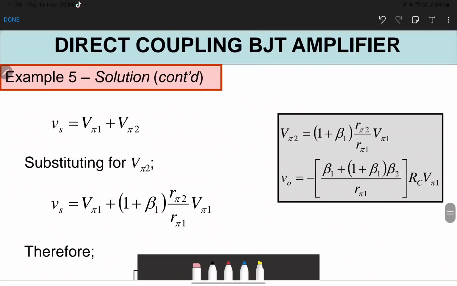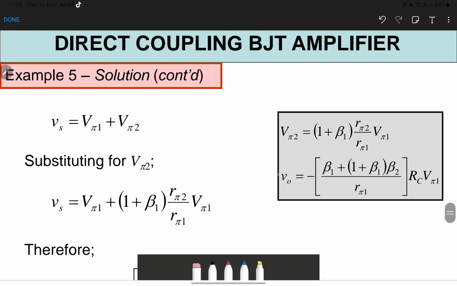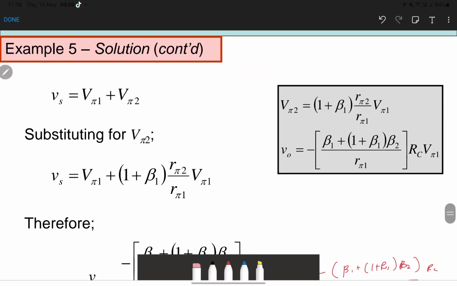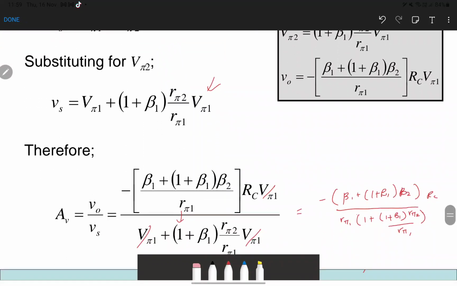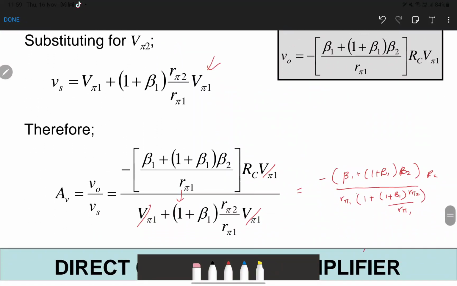Since I said Vs equals V pi 1 plus V pi 2, we replace our V pi 2 in terms of V pi 1, and then we can apply the formula V out over Vs. And then we can simplify.